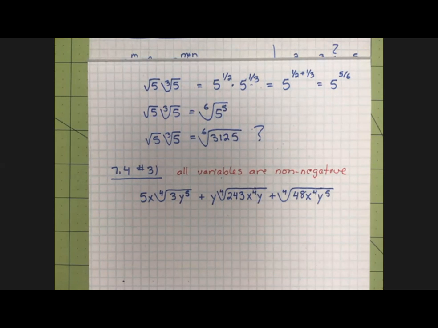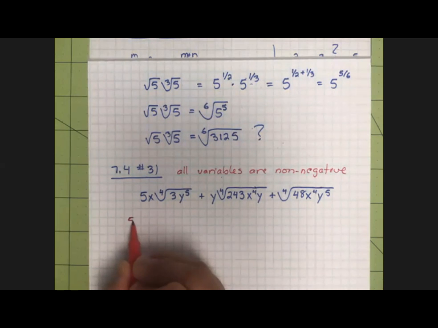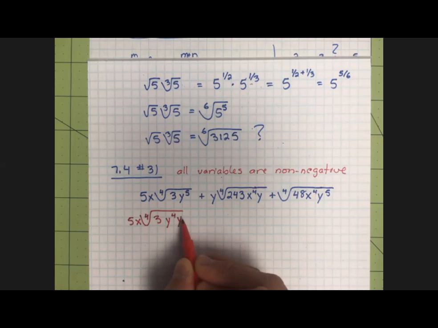Okay, let's think about this as we go on. First of all, it's 4th roots. So I've got to talk about 4th powers, perfect 4th powers. And I do see perfect 4th powers in some places. There's a 3 and a 4th power of y and one more y left over. So there is a perfect 4th power right there.